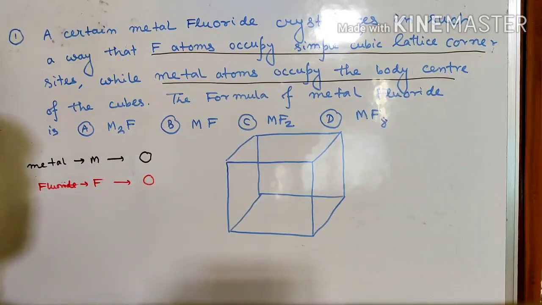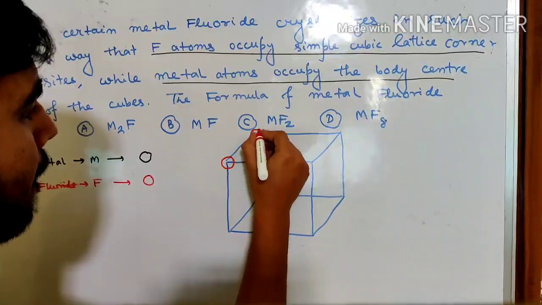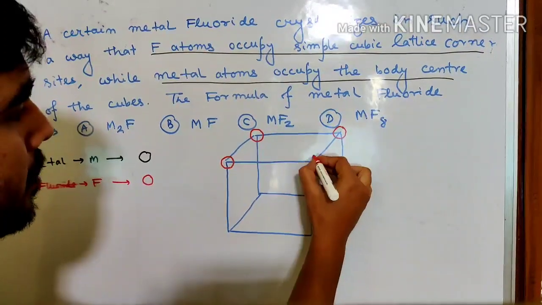So two colors will let you know. So let us first fill up the fluorides. It will be here. It is at the corners.